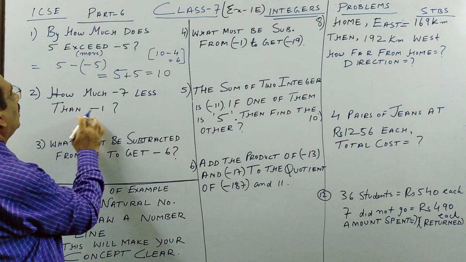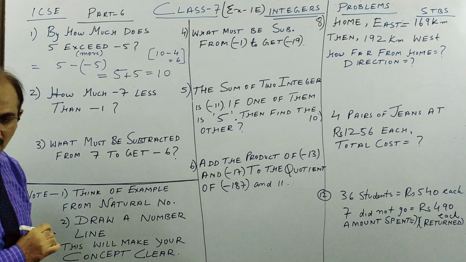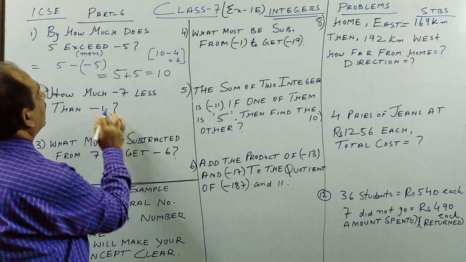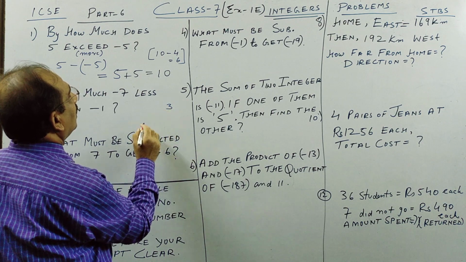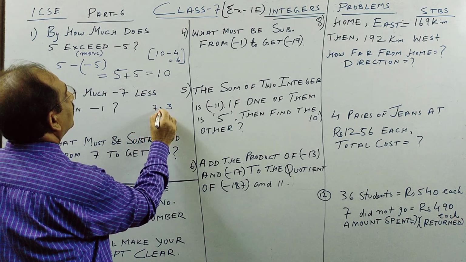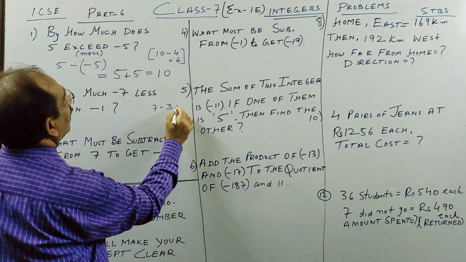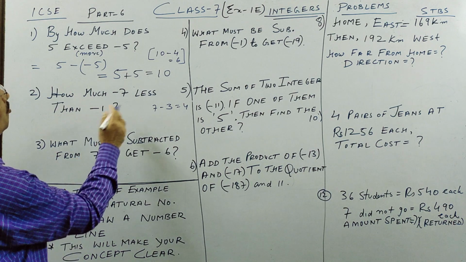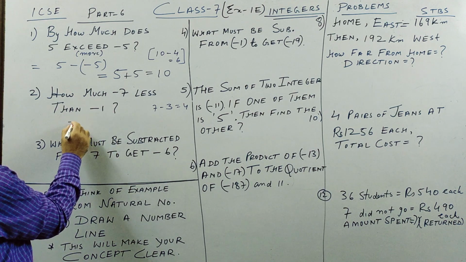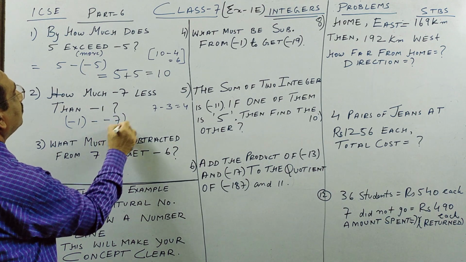How much is minus 7 less than minus 1? An example you can take: how much is 3 less than 7? What do we do? We subtract, and we get 4. So how much is minus 7 less than minus 1?